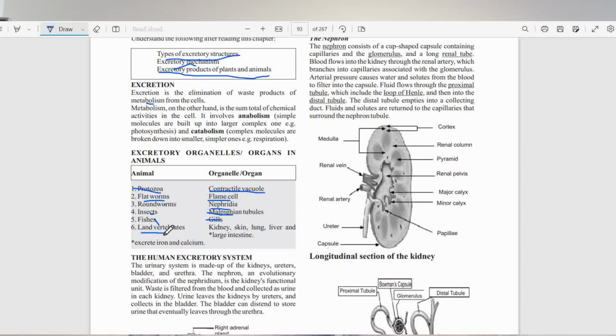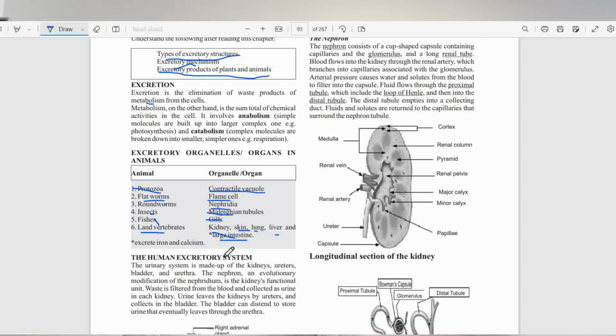And in vertebrates, land vertebrates usually make use of the kidney as the main excretory organ, and as corollary, you have the skin, the lung, the liver, and the large intestine. Okay, this might be controversial, the large intestine's role as an excretory structure, but we'll look at that in the question and answer section.